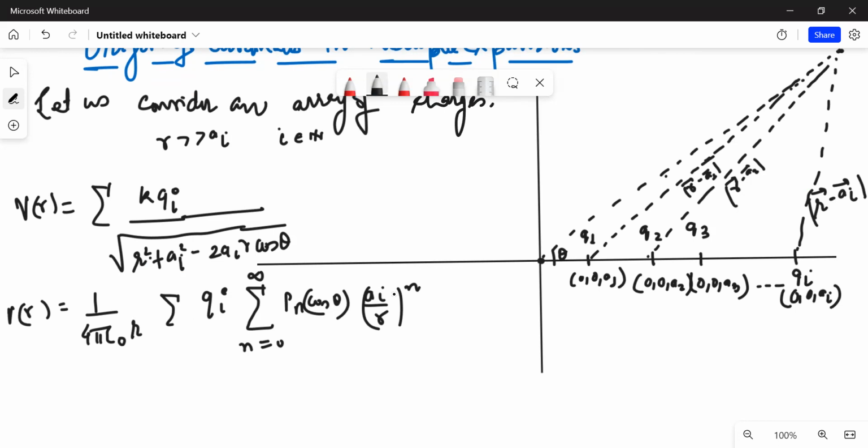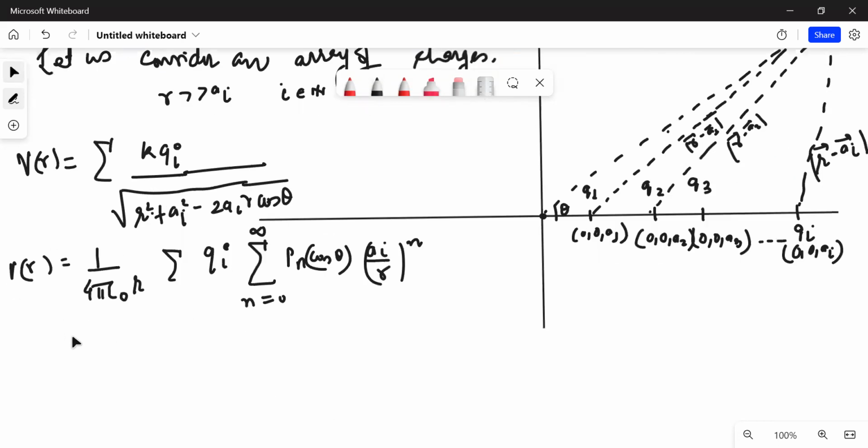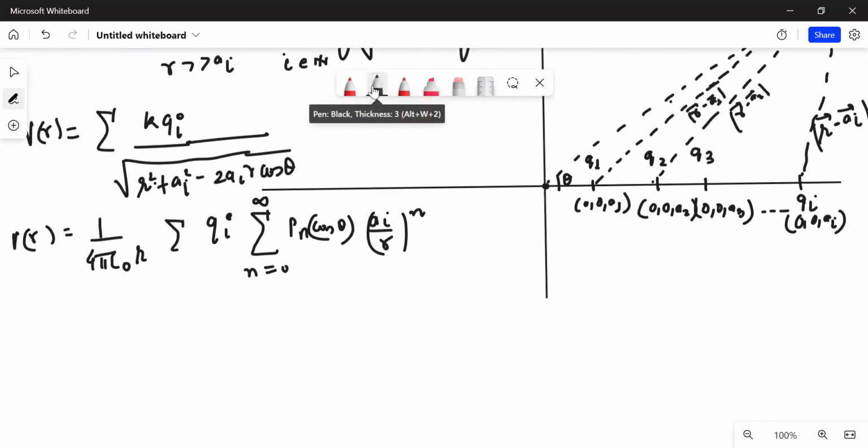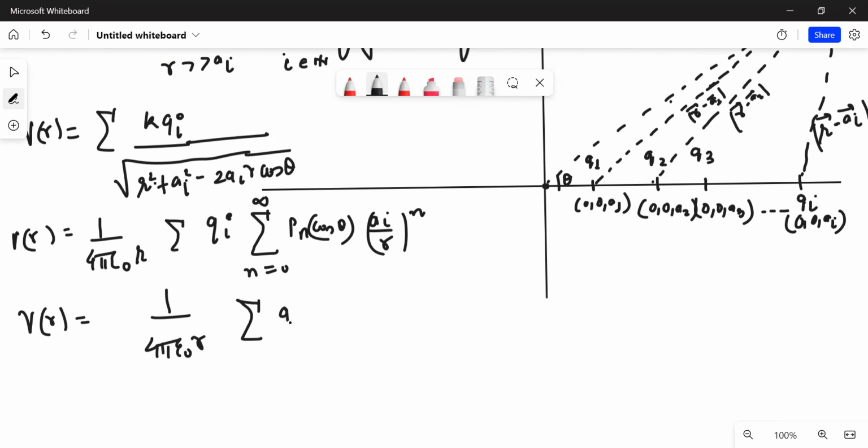अब थोड़ा ध्यान से देखना ना, क्योंकि कल हम इधर ही फंसे थे. Okay. So V as a function of r would be 1/4 pi epsilon naught, and this is r, and this is summation qi here.